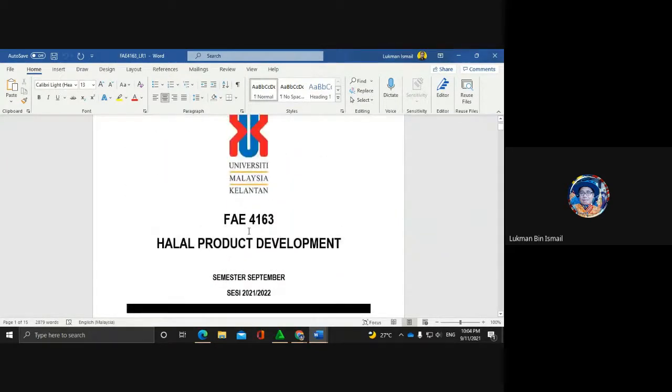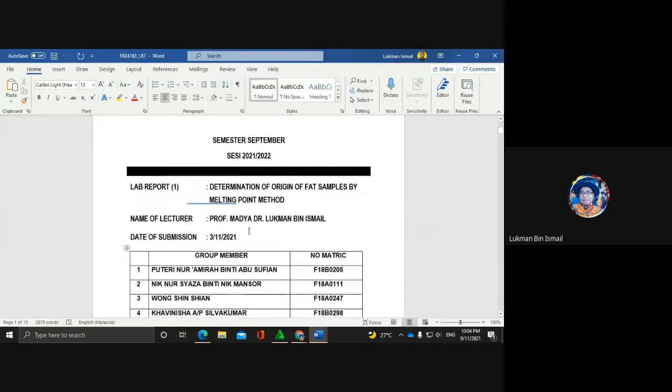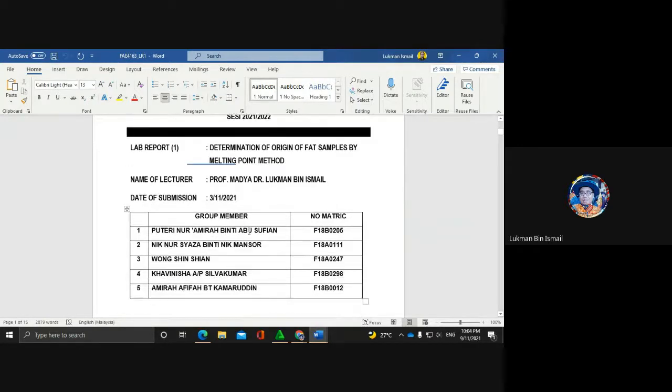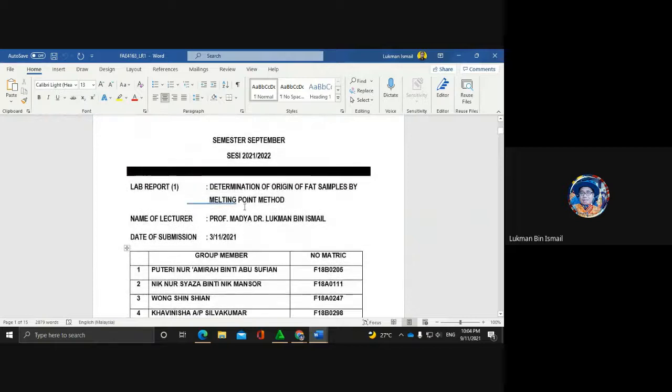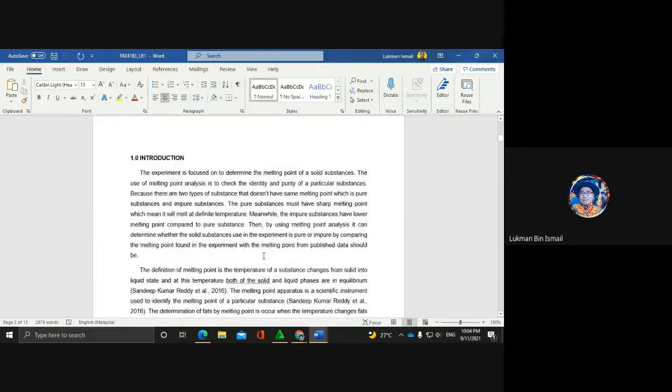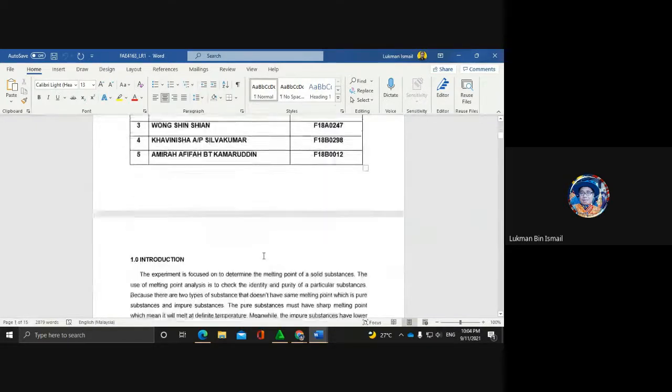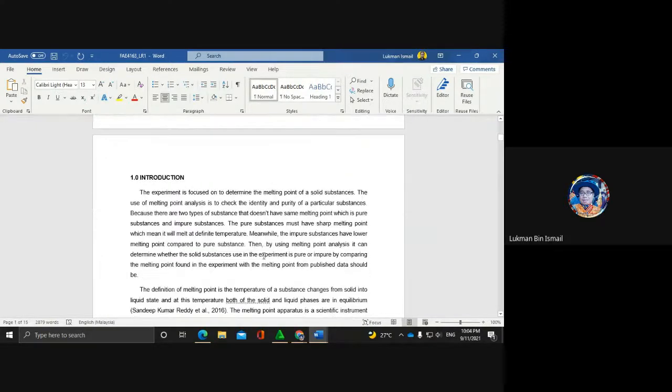So tak ada group number, tak ada lah. When you write my name, you should write associate professor lah. Bahasa Melayu, Profesor Madya, tapi bahasa Inggeris, associate professor. You have introduction, dia tak ada abstract, dia tak ada table of content.